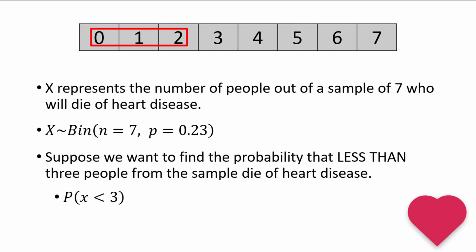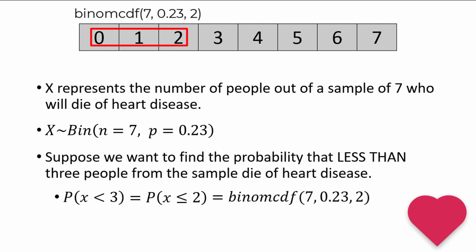The probability x is less than 3 is the same as the probability x is less than or equal to 2, which we already said could be modeled by binomial CDF 7, 0.23, 2, which is equal to about 0.7967. We prefer the second probability statement as it corresponds with the CDF function, whereas the first probability statement does not.